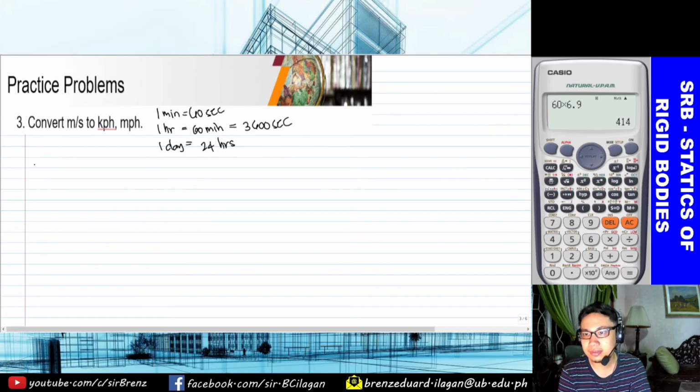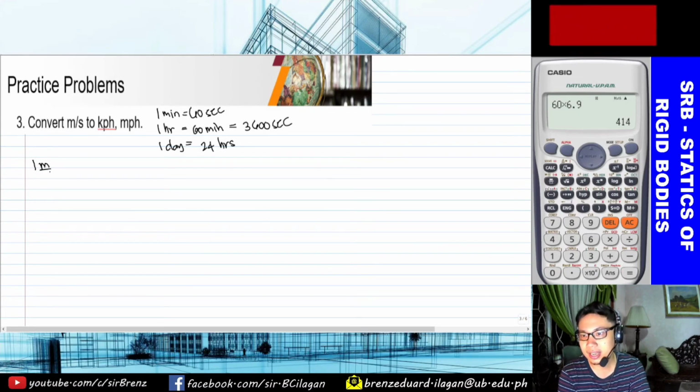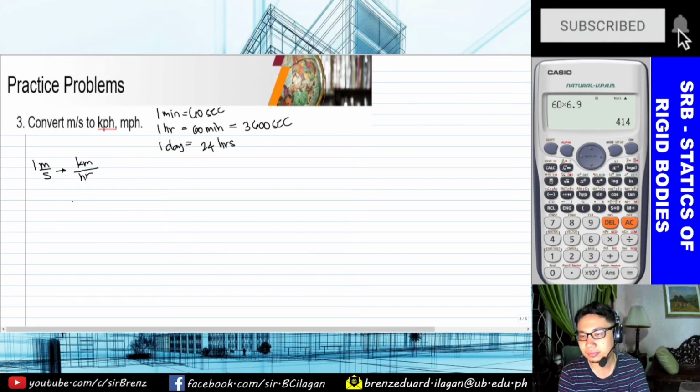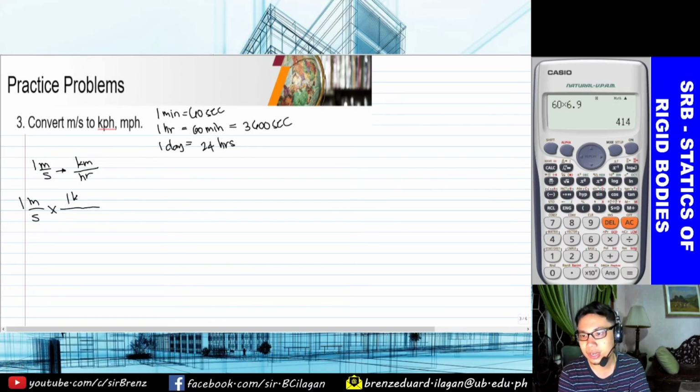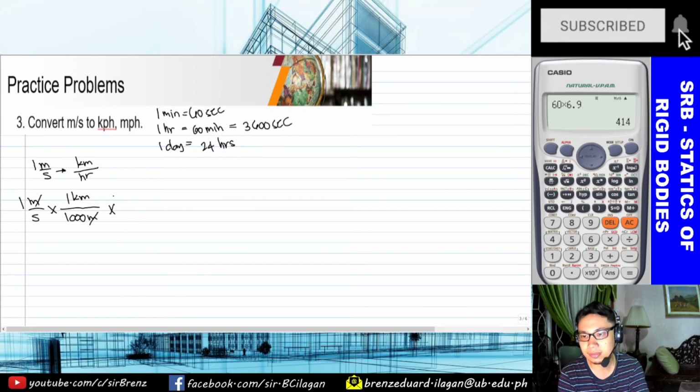So, unahin natin yung una. So, 1 meter per second. Dadali natin to kilometers per hour. So, unahin natin muna yung ibabaw. So, in 1 kilometer, there is 1,000 meters. So, cancel mo lang to. Ayan. So, yung seconds, convert muna natin to minute. And then, from minute, gagawin natin to hours.